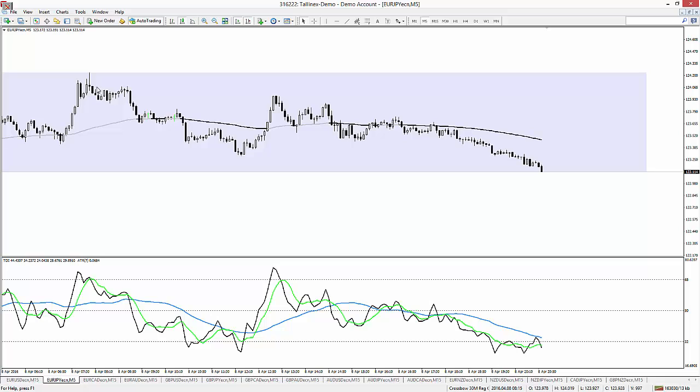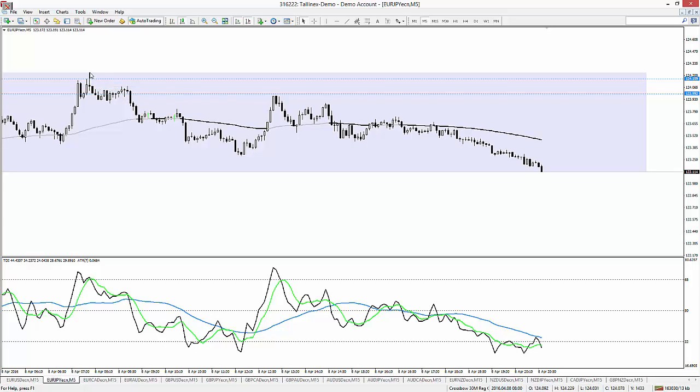In this particular case, this created a new structure high, but I'm also looking for this little retest here. And then I have another pin bar, and this is my signal. That's what I'm looking for to get short, assuming that I'm awake, alert, and trading during this session.